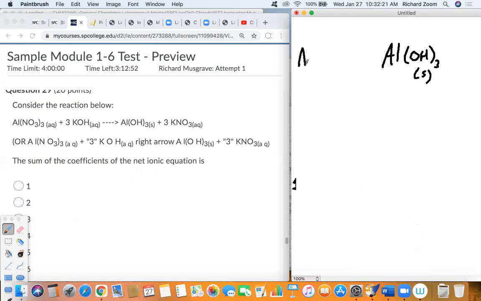Well, it should be fairly obvious. It comes from 1 Al and 3 OH. If we put the charges on, it would be that. So the sum of coefficients would be 1 plus 3 plus 1, which is 5.